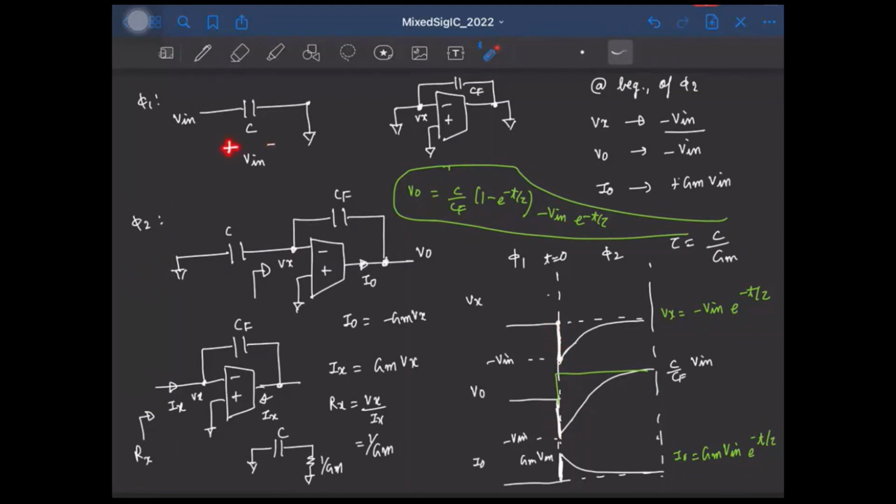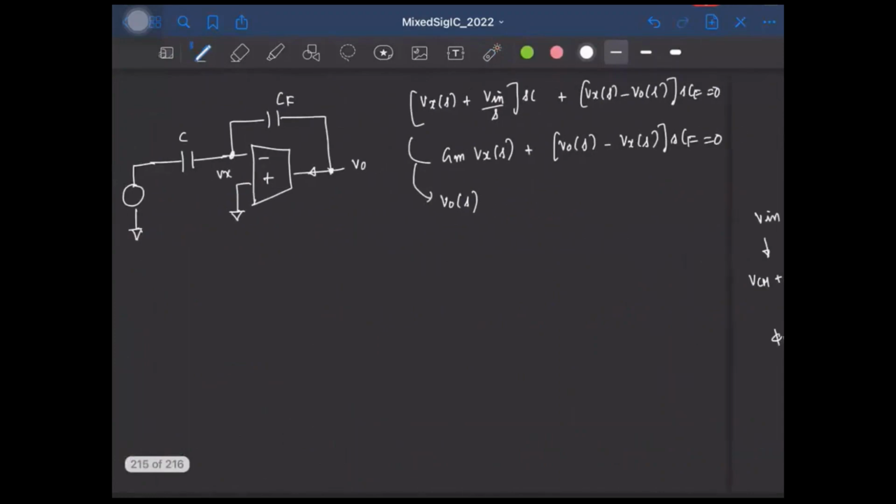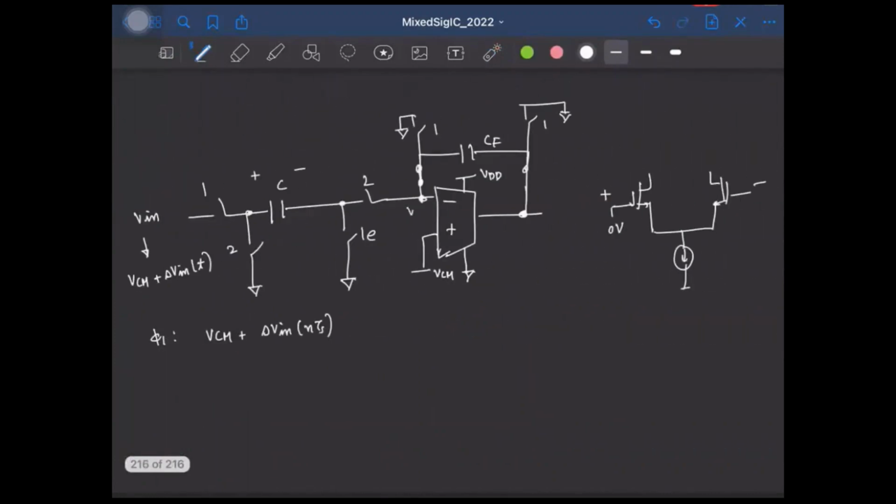So whatever voltage the capacitor was charged to, the negative of that voltage is what the Vx will jump to. So which means here at the beginning of φ2, Vx will simply jump to minus of VCM plus delta Vin of nTs, right? So this is again a negative voltage and it will again turn the transistors off, right?